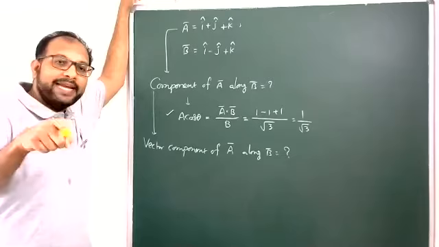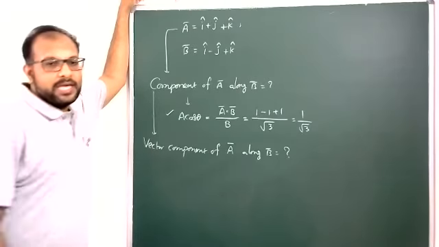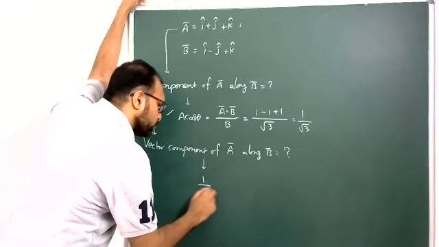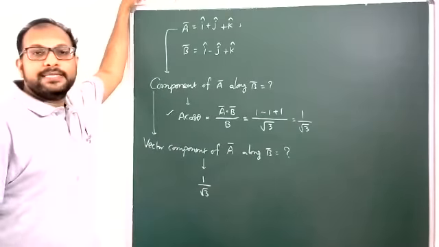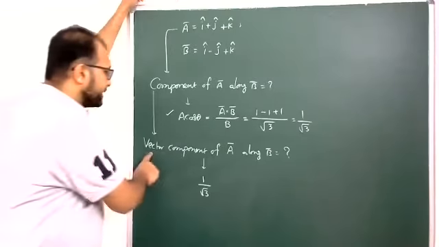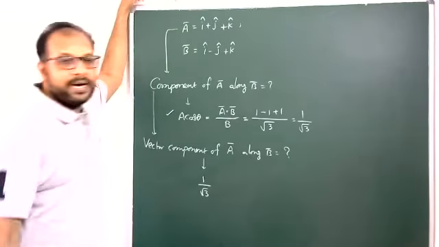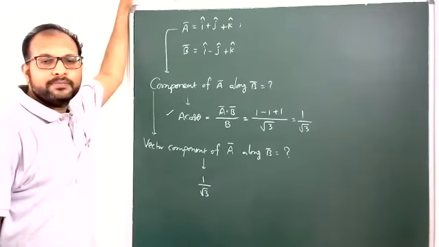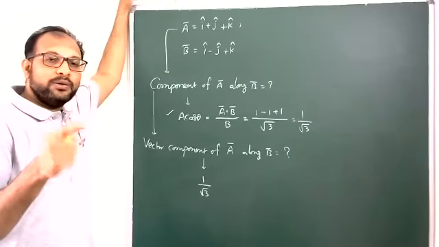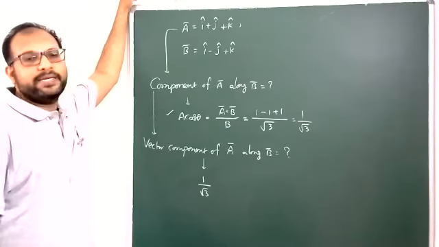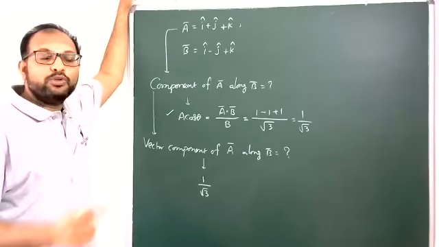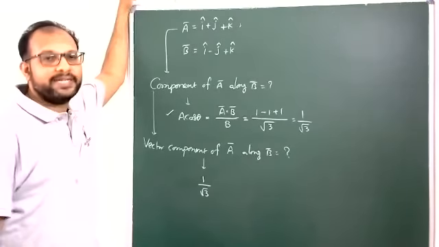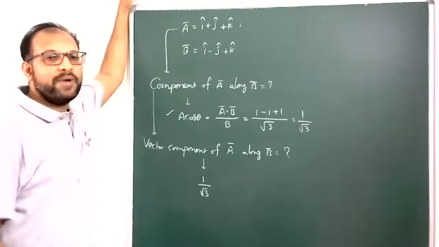Along B bar means the direction is the B bar direction, right? So that's why now here the answer 1 by root 3 is the magnitude of the vector component of A bar along B bar. Magnitude, okay. Now direction is required because they ask for the vector component. Who will provide only direction? The unit vector will provide, without changing magnitude, because the unit vector magnitude is 1.